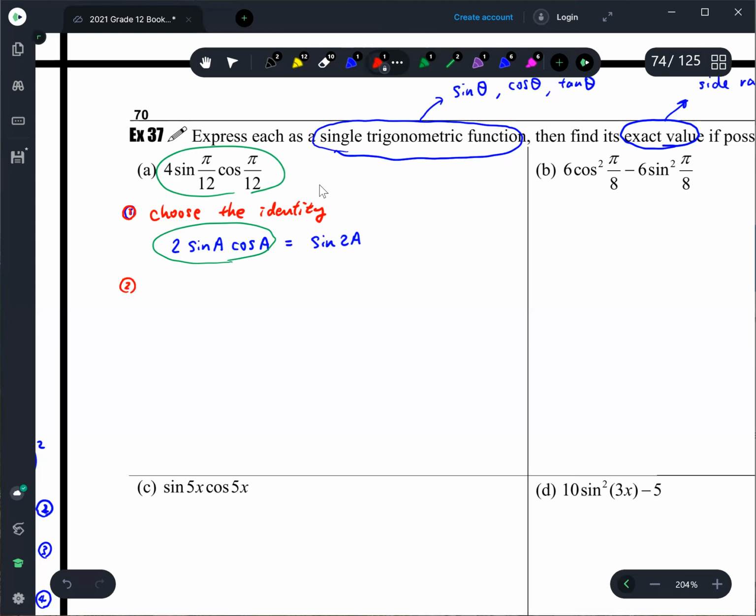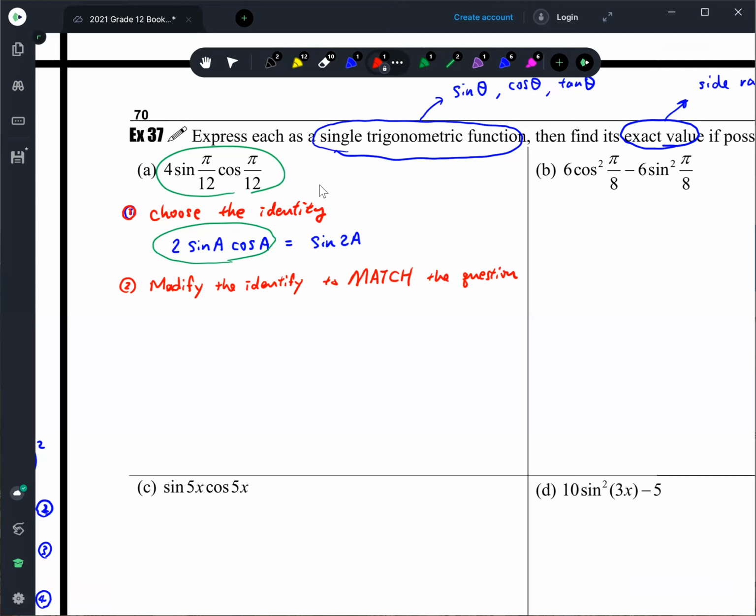Step 2 is to modify the identity that you just picked to match the question, to make it look the same.